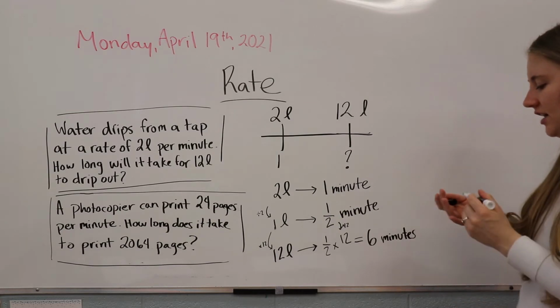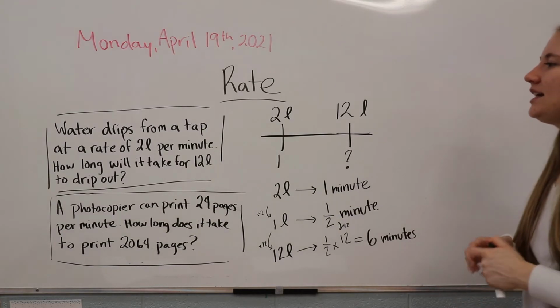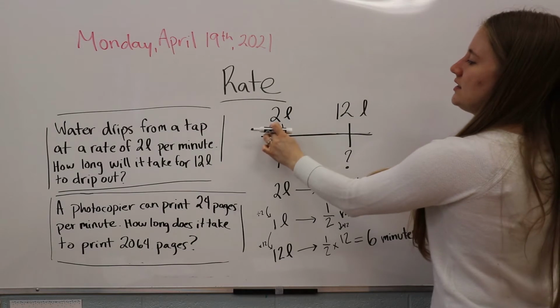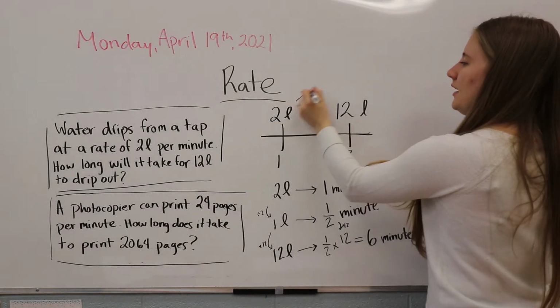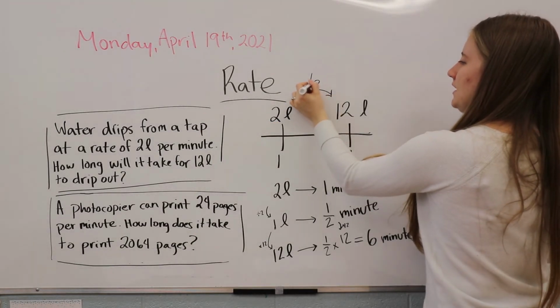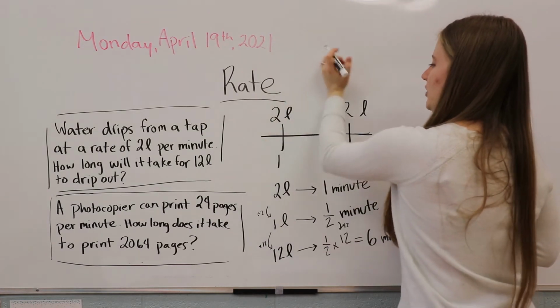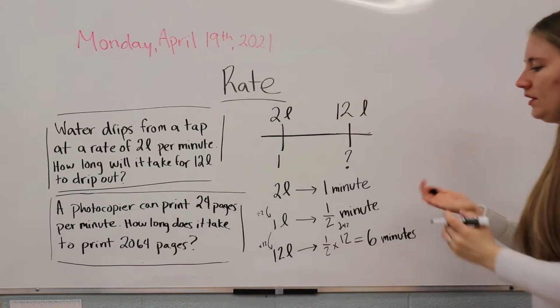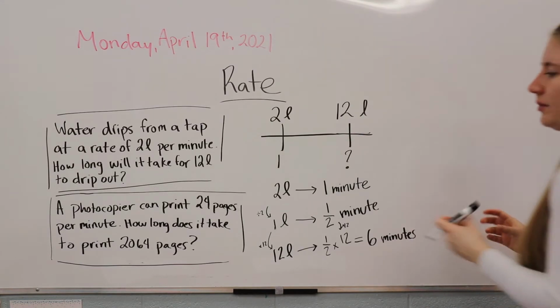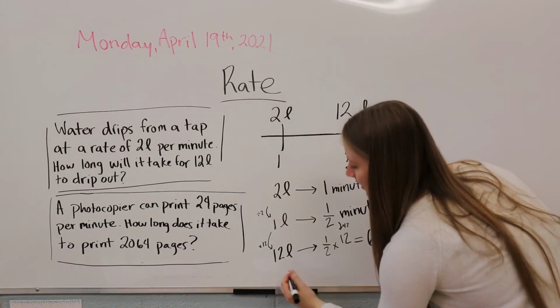Okay? And this question, because it's simpler, we can see that 12 is 6 times the value of 2. So another way that you could do it is to just multiply our 2 by 6.